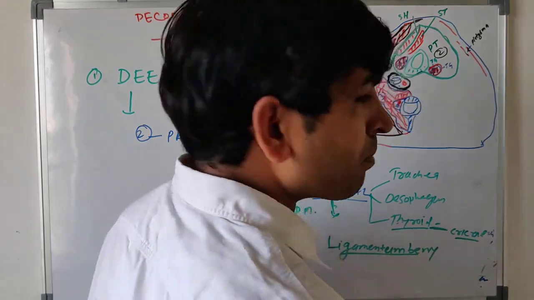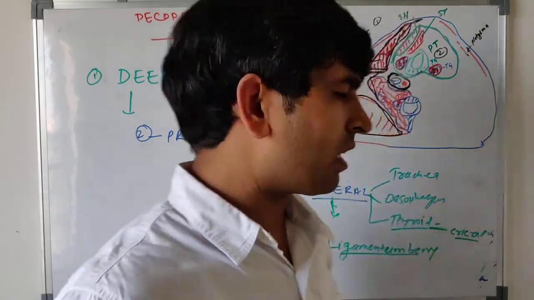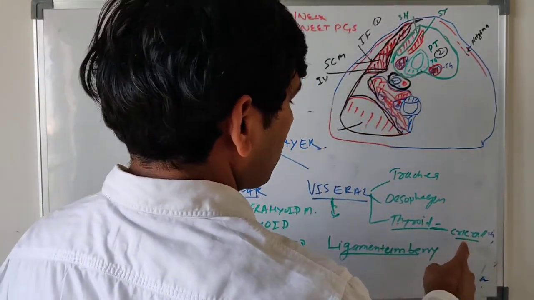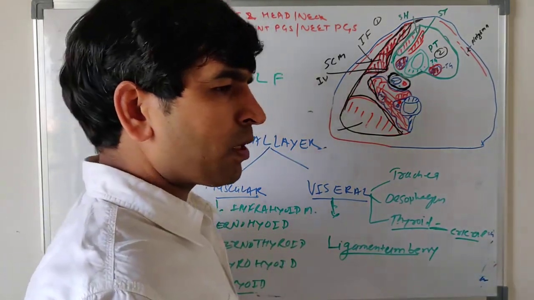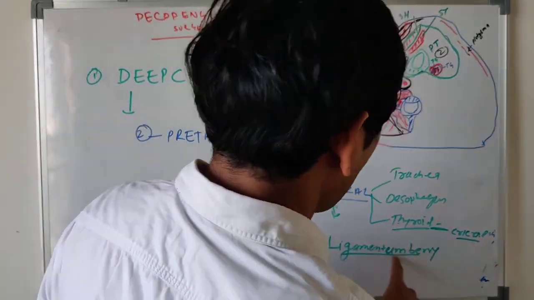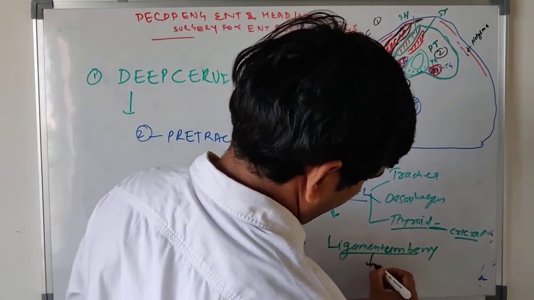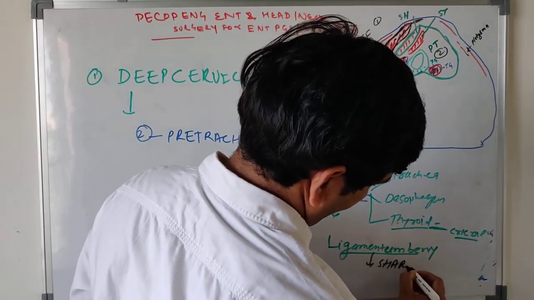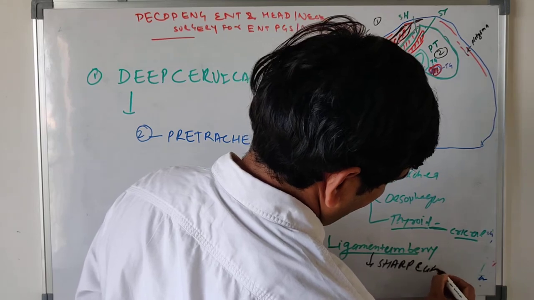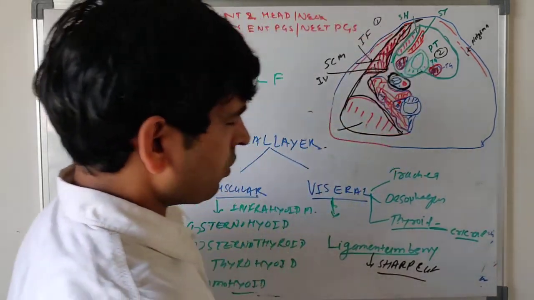Sometimes it may extend up to the thyroid cartilage, but mainly the cricoid has a firm attachment to the thyroid by this ligament of Berry, which is surgically important; you have to cut it by sharp cut during thyroidectomy surgery.